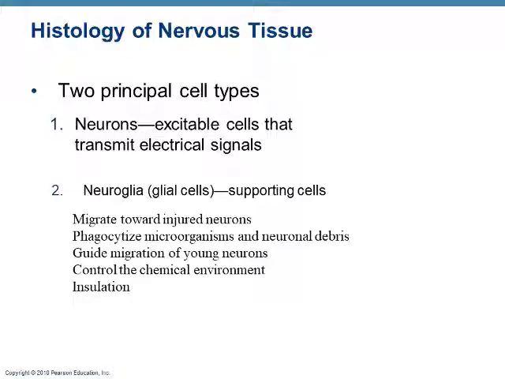Some neuroglial cells cover the nerves. So that is the insulation, like electrical wires in your house, right? All electrical wires are covered, insulated by covering. So neuroglial cells cover the nerve fibers or axons.